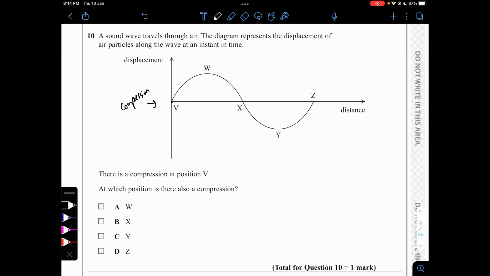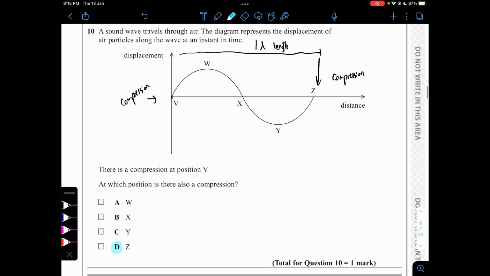One wavelength later, this should also be a compression, because we're back at the same place that we were before. So the answer should be D, which is Z, and this should be our compression again.